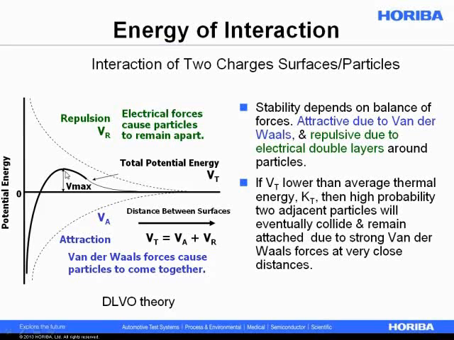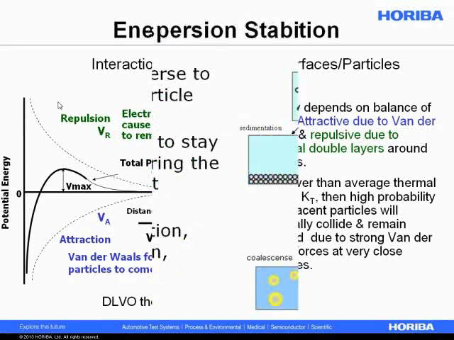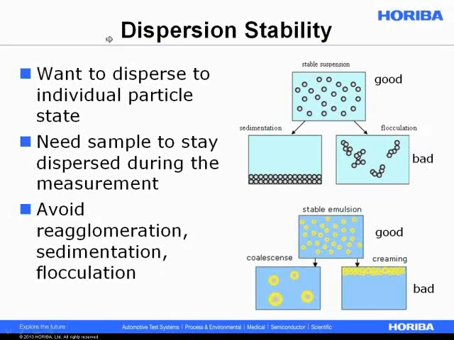We have to know something about the thermal situation. The motion of the particles is important. And if we can make this barrier high enough, then it's unlikely these particles will ever stick together and agglomerate. So we want to increase the repulsive forces to make that barrier high enough that these particles will not agglomerate. This brings us into a quick discussion of dispersion stability.